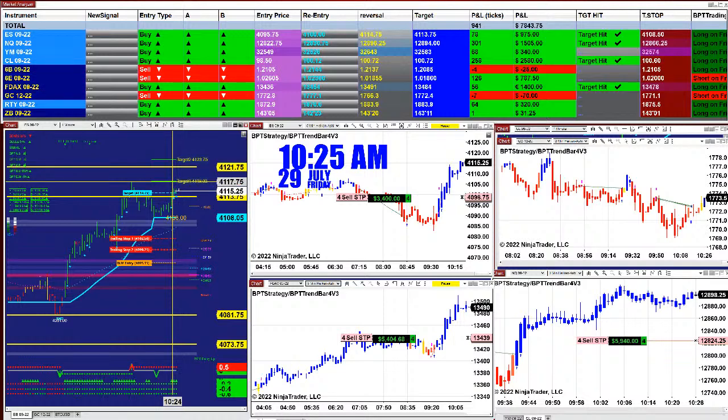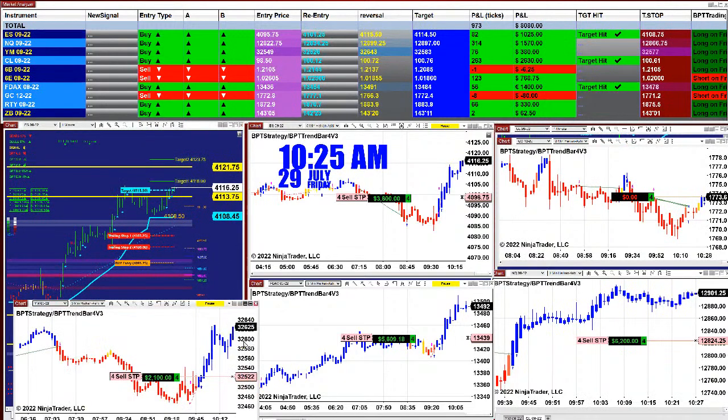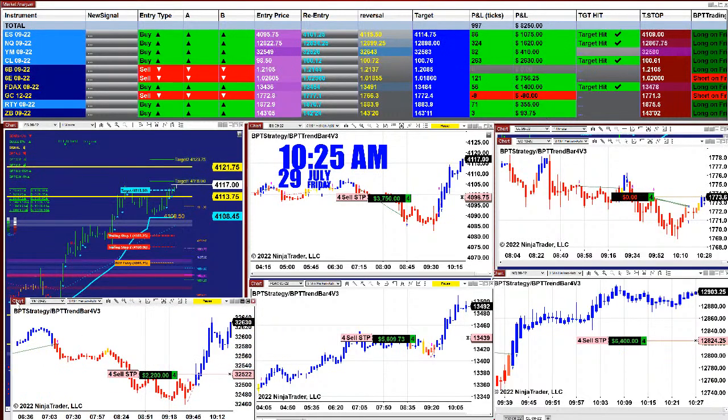We expected the market take profit on target 1. It did, and now it is about time to climb into the target 2, and then the morning session is finished officially.